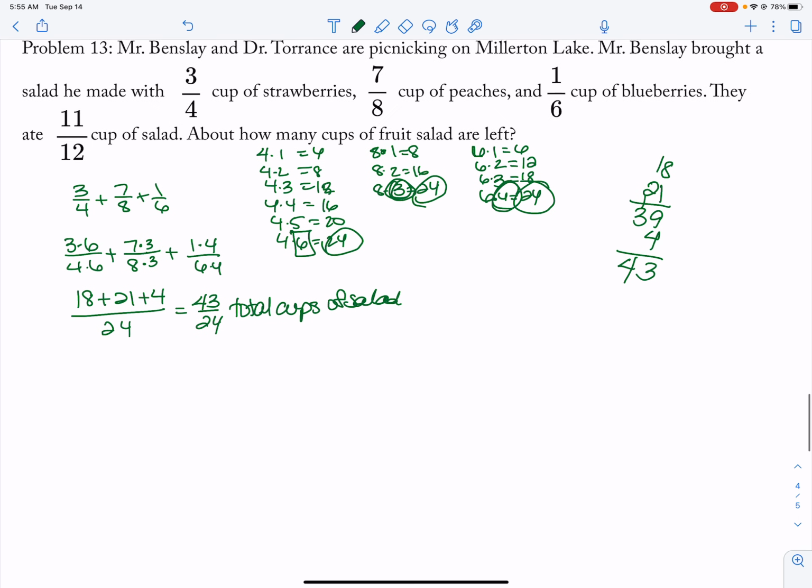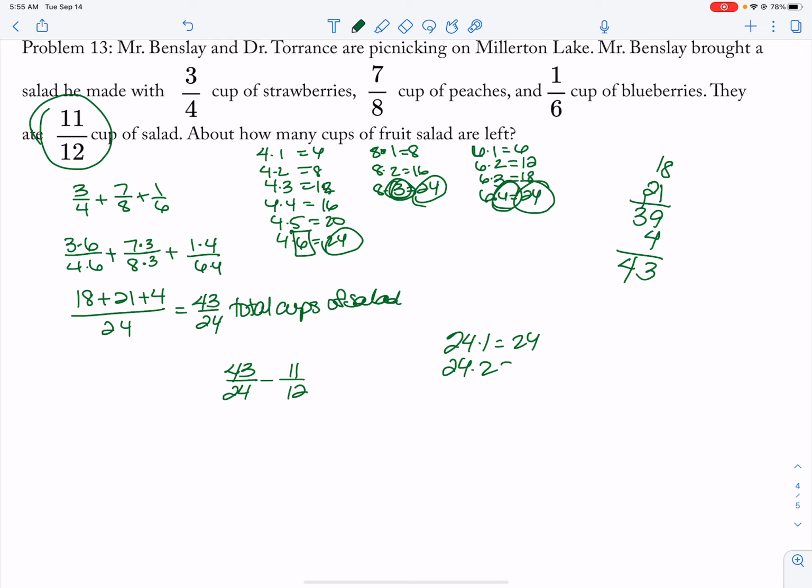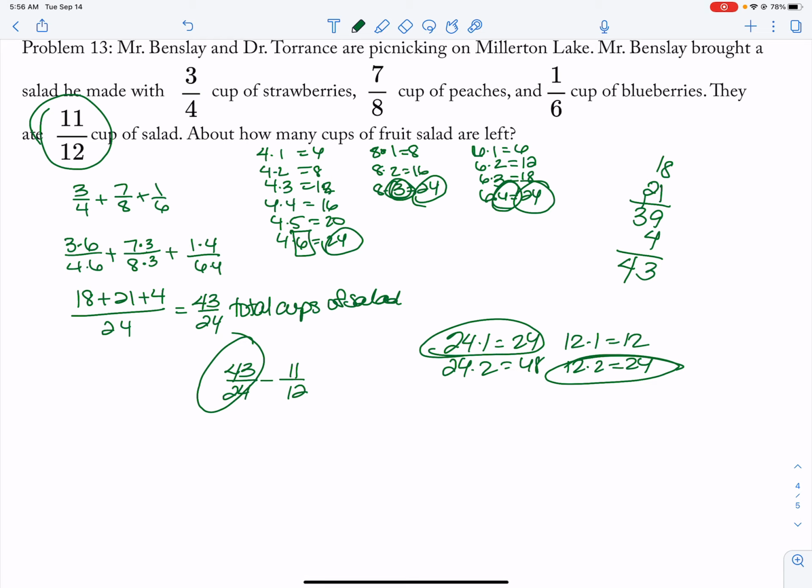Okay, so now I need to figure out how much is left after they eat 11/12. So I have 43 over 24 minus 11 over 12. So again, common denominator, 24 times 1, 24 times 2. That's 24, 48. 12 times 1 is 12. 12 times 2 is 24. So my first fraction doesn't need to be multiplied by anything. My second fraction needs to be multiplied by 2.